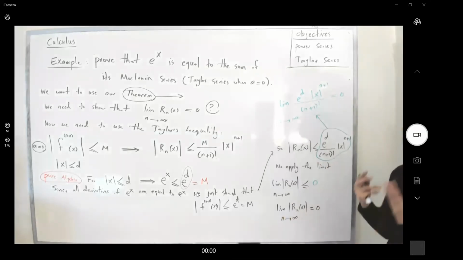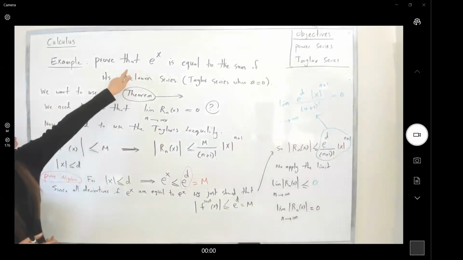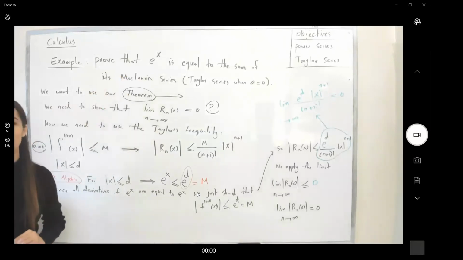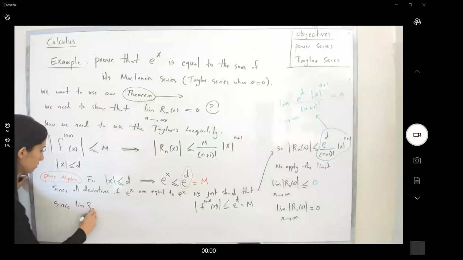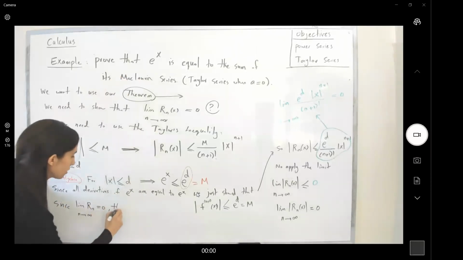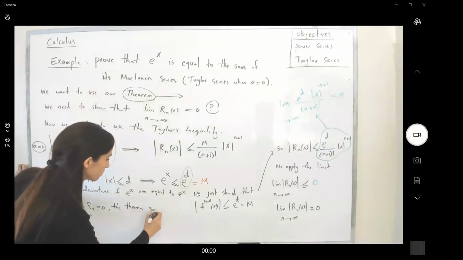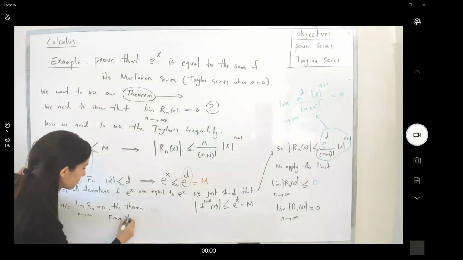It means that the theorem says, hey, e to the x is equal to the sum of its Maclaurin series. Since the limit of R_n as n goes to infinity is equal to 0, the theorem proved this statement.